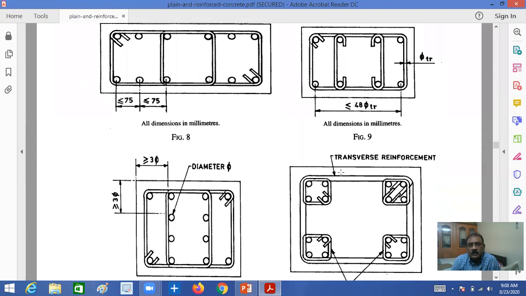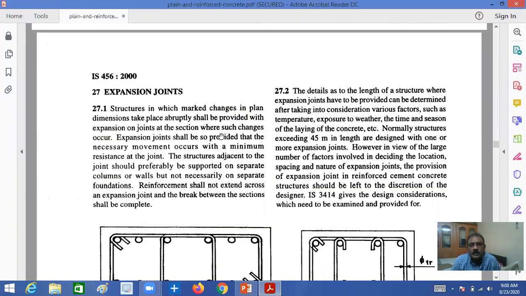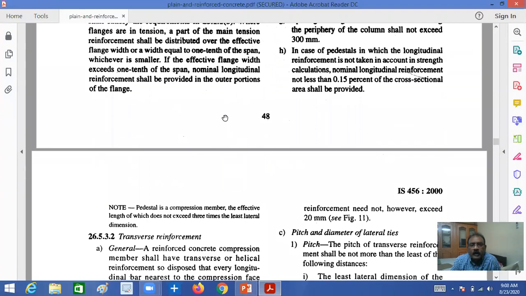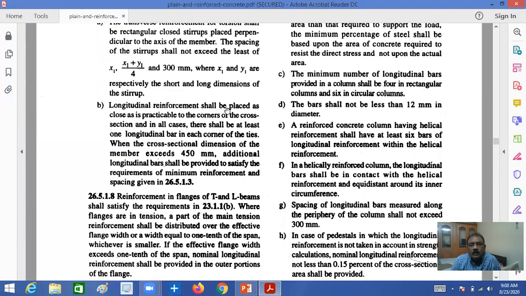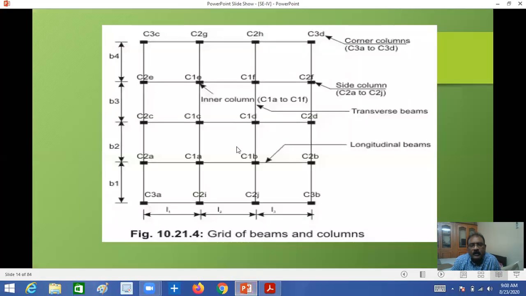Wherever required, if you have a number of bars more and the size of the column is more, you can have interior stirrups like this, again interior bars. These are the different types of columns. So according to loading, and according to ties, we have different types of columns.